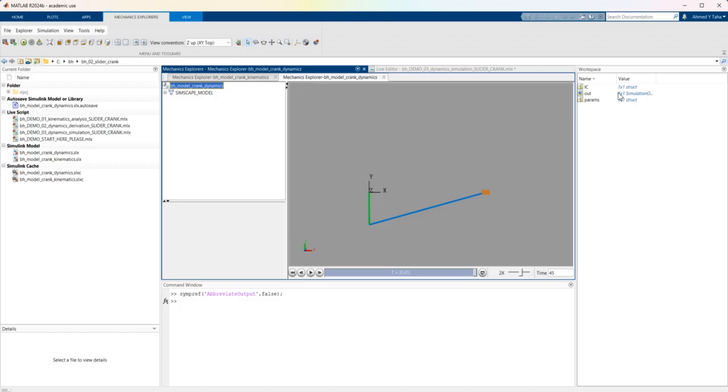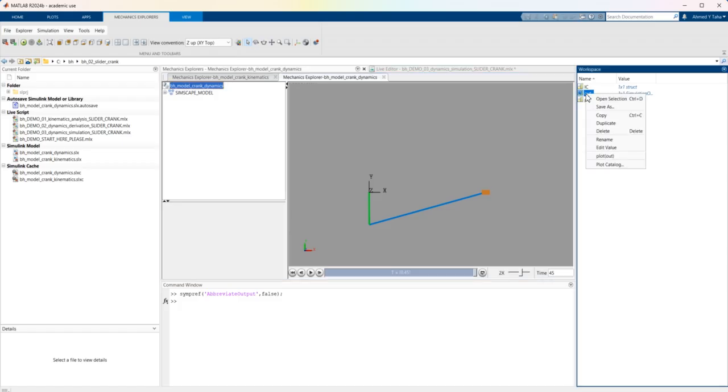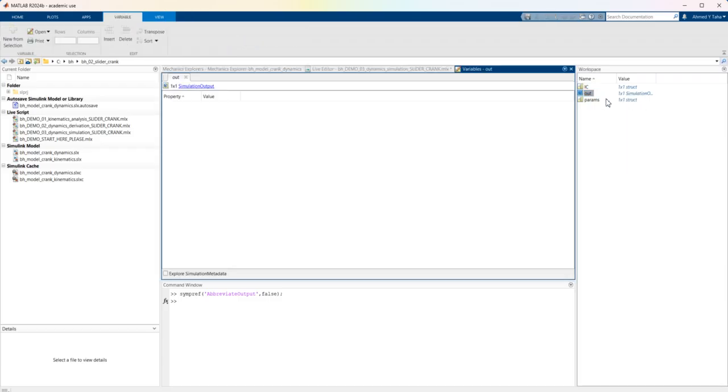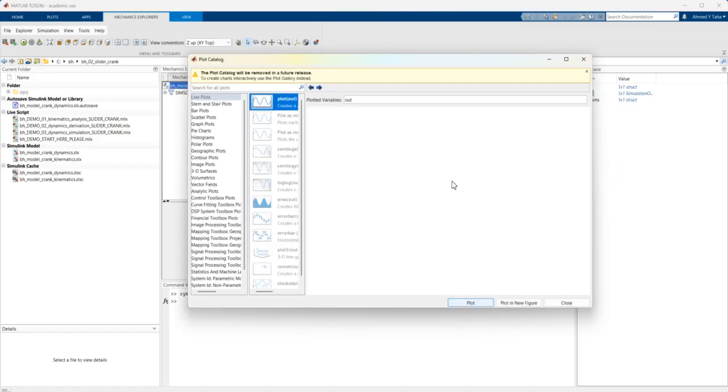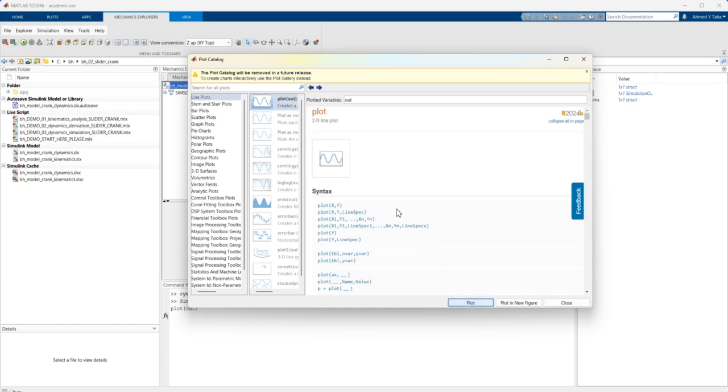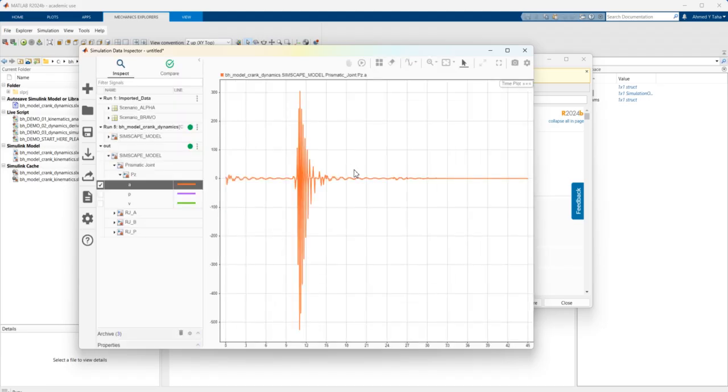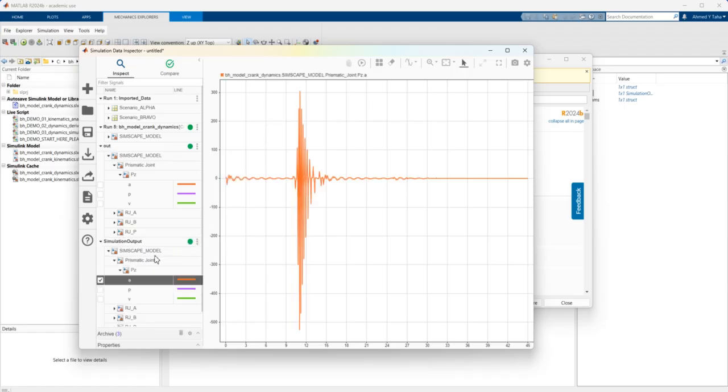Okay, so these are the output. Open selection. No. Does it have something about the float? Float. Okay, so that's the value for different parameters we can have here.